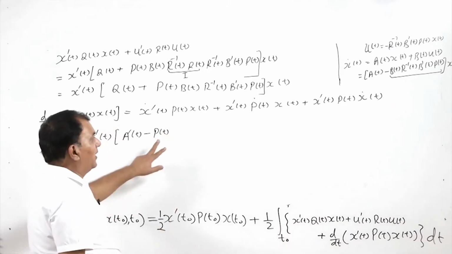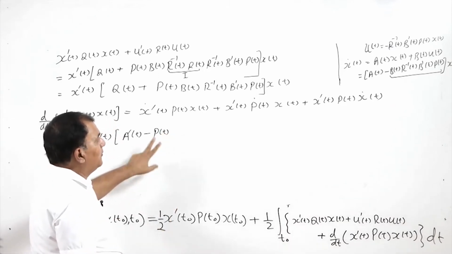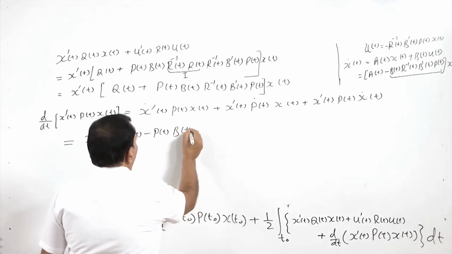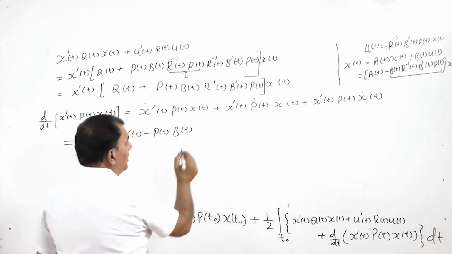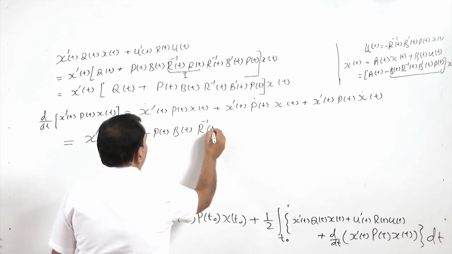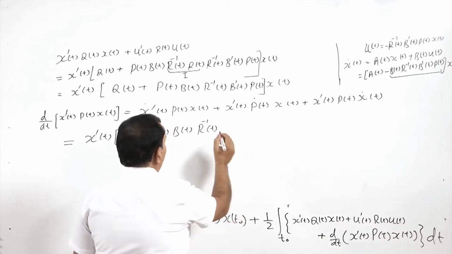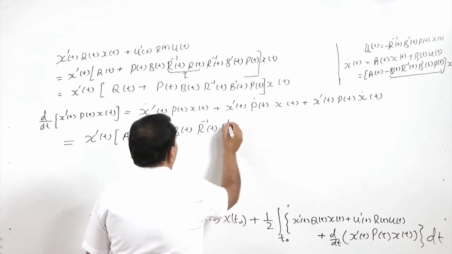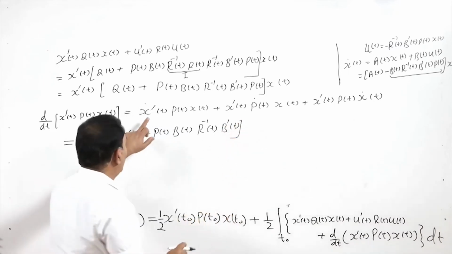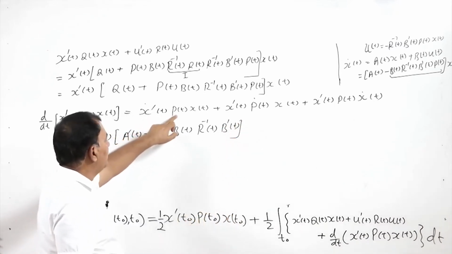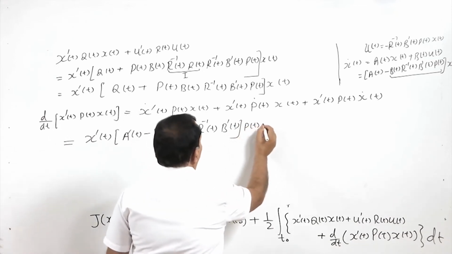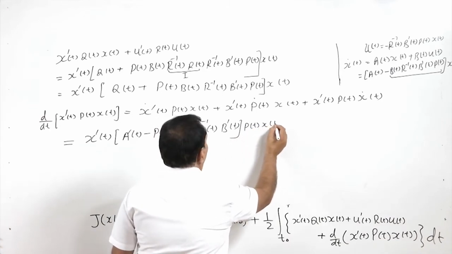P(t) is symmetric, so its transpose remains the same, B transpose will become B, R again is symmetric and remains the same, and B will become B transpose. So this is my x dot transpose multiplied with P(t) x(t).